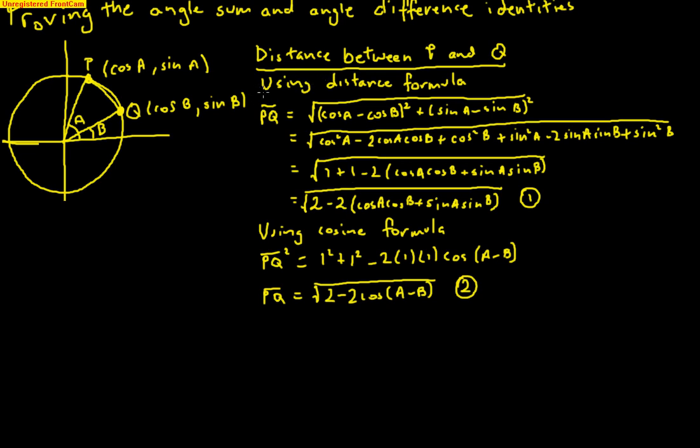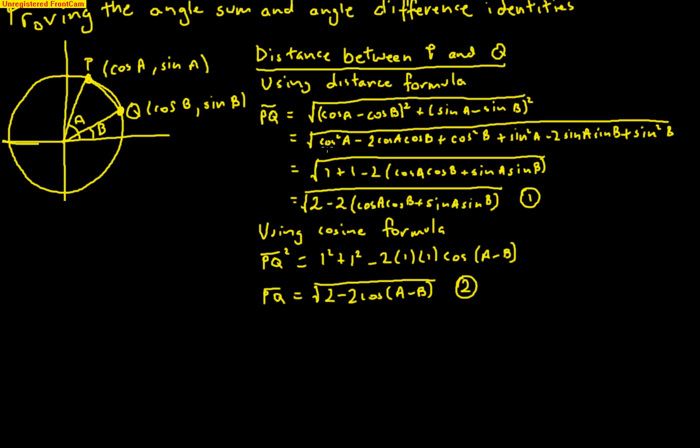The first way is using my distance formula. Using the change in x, cos A take cos B squared, plus the change in y, which is sine A take sine B squared, and the square root is equal to PQ.